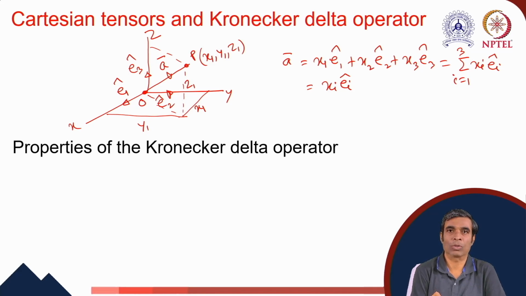Now the orthonormality property of these basis vectors e1 cap, e2 cap and e3 cap is represented by the Kronecker delta operator.